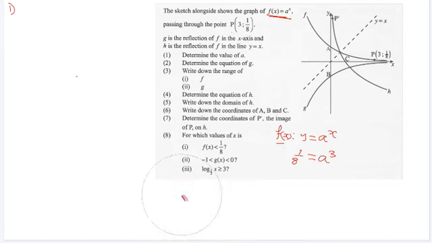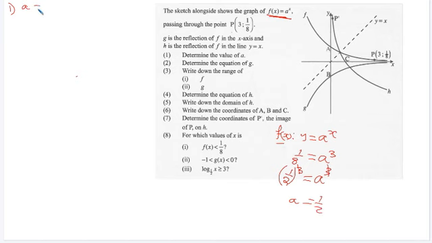So let's do that. So this one you're going to have 1/2 raised to 3 is equal to a raised to 3. So both sides, they are raised to 3. Because both sides are raised to 3, we can conclude that the bases are equal. So we are saying your a there is equal to 1/2.